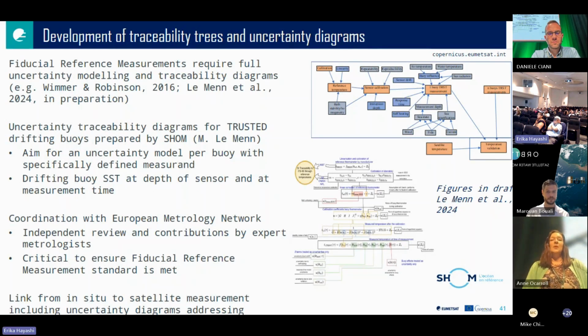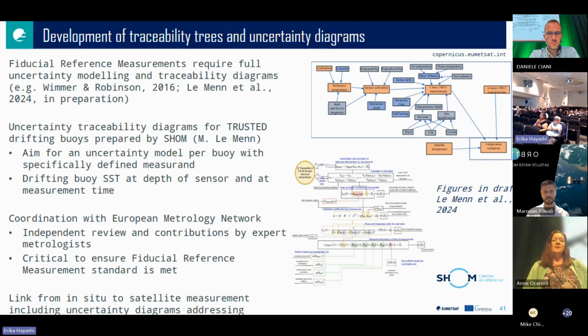There's been a lot of work in the last year on the development of traceability trees and uncertainty diagrams. So these are following the same analysis and thoughts as the paper that Fred produced for the radiometers, for example. And Mark Leman is writing something up in preparation for that for traceability diagrams for the buoys.